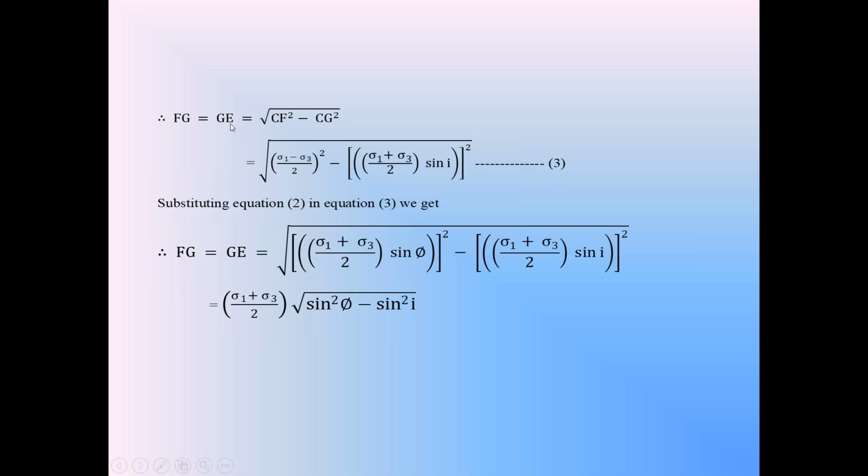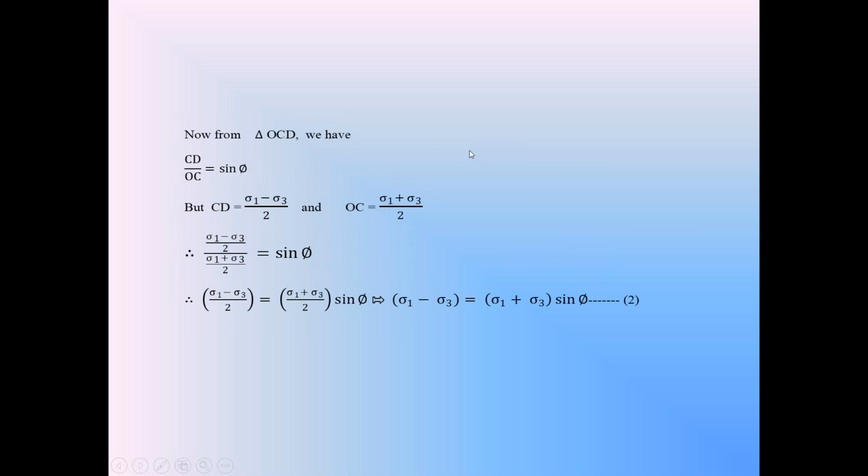We know that CF is the radius of the Mohr circle, (sigma 1 minus sigma 3) by 2, and CG is equal to (sigma 1 plus sigma 3) by 2 into sin I. Substituting on the right hand side, the length EG is equal to root of ((sigma 1 minus sigma 3) by 2) whole square minus ((sigma 1 plus sigma 3) by 2 into sin I) whole square.